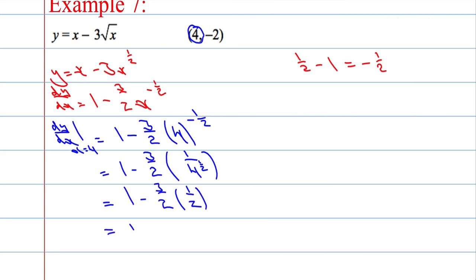So we get 1 subtract 3 over 4, which equals 1/4. So the gradient is a quarter at that particular point.